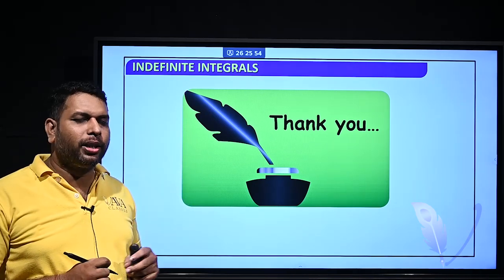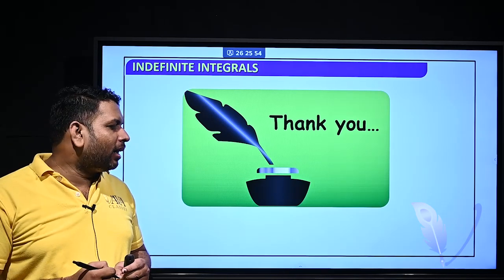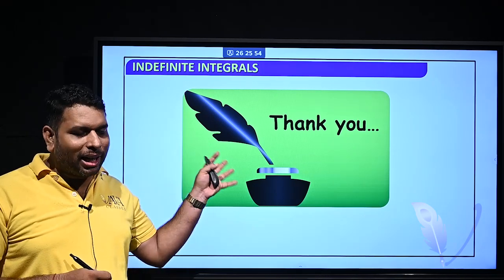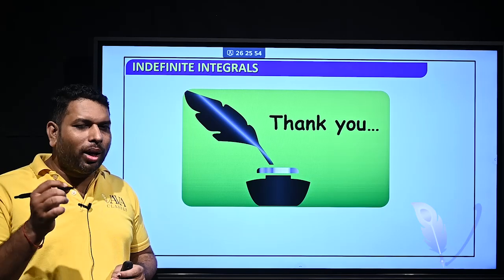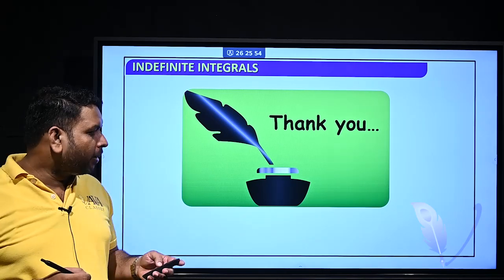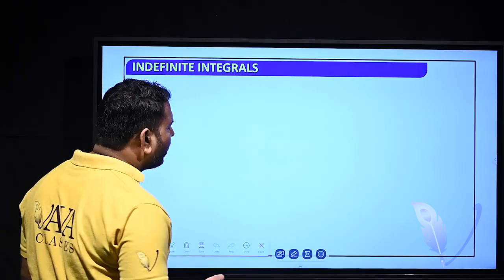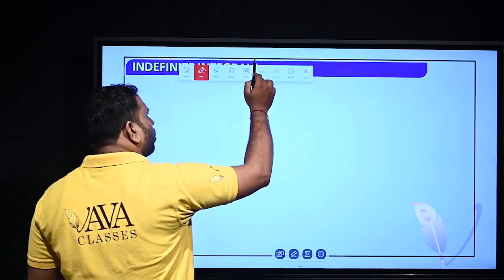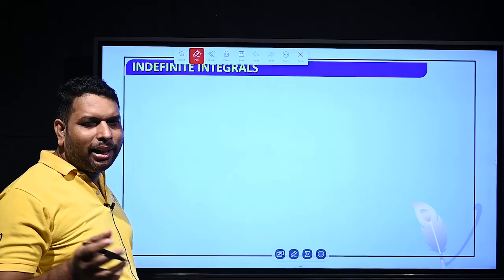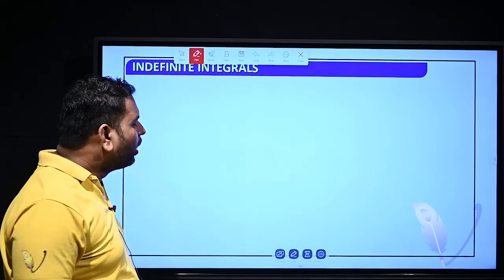These are the basic definitions and the very basic standard formulas, and one more formula will be added with it. If you see, let f1, f2, fn be continuous functions in an interval, that is, these are integrable.